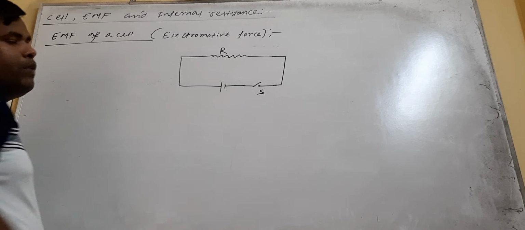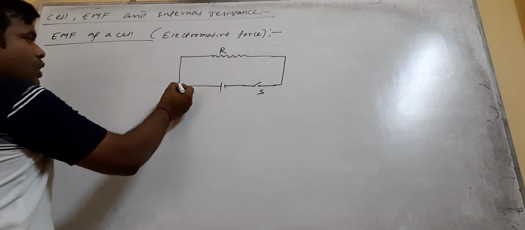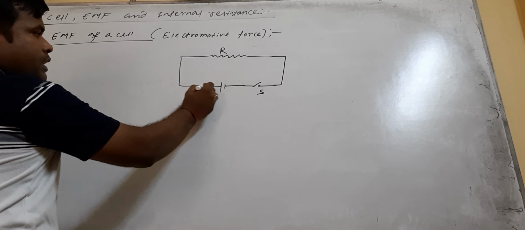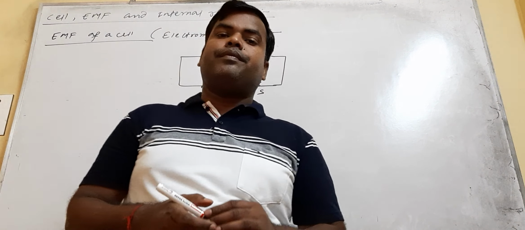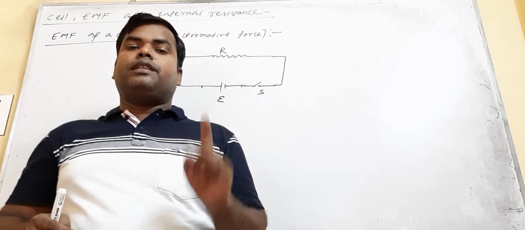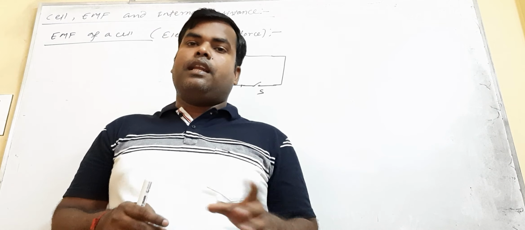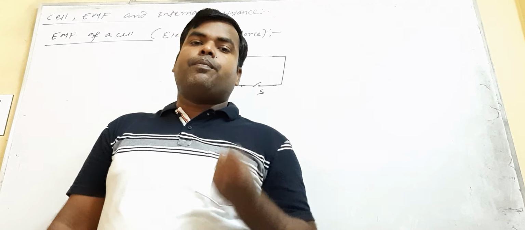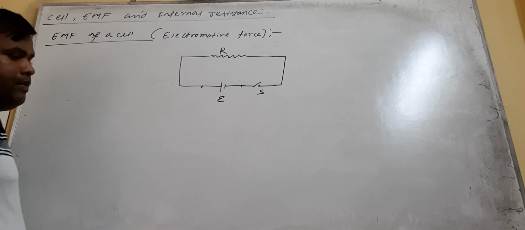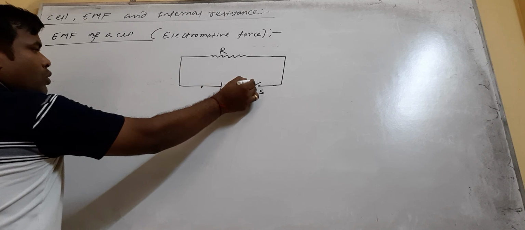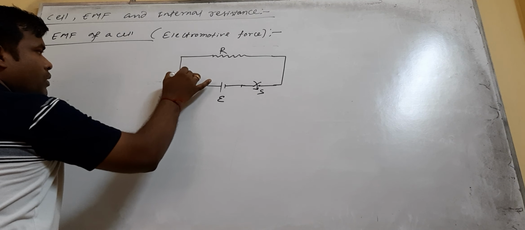When the circuit is open, or no current is drawn from the cell, the potential difference between the two terminals of the cell is called E.M.F. Repeating again, E.M.F is the potential difference between the two terminals of a cell when no current is drawn from it, or when the circuit is open. Then another definition you can give here: when the circuit is closed, what happens? The current will flow.